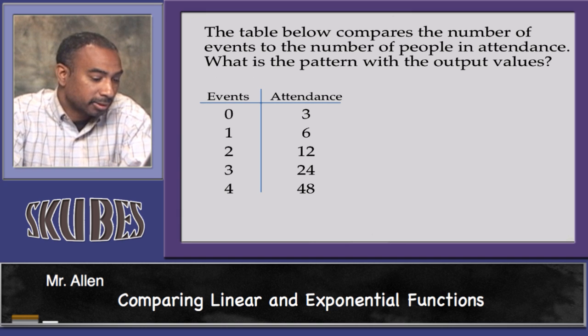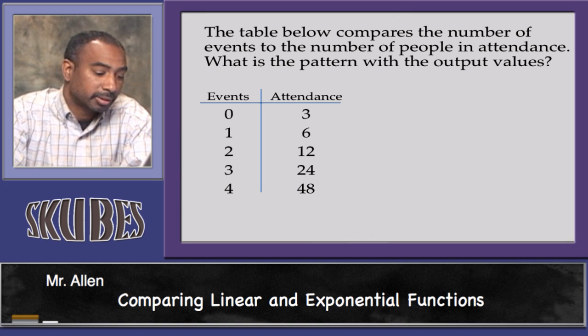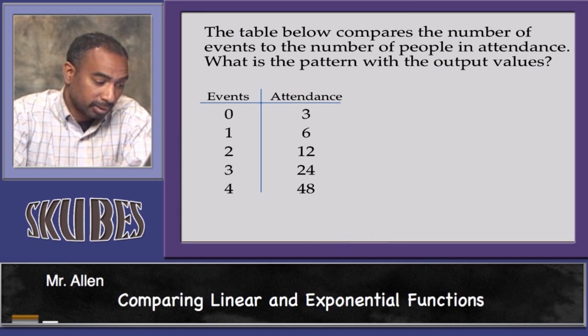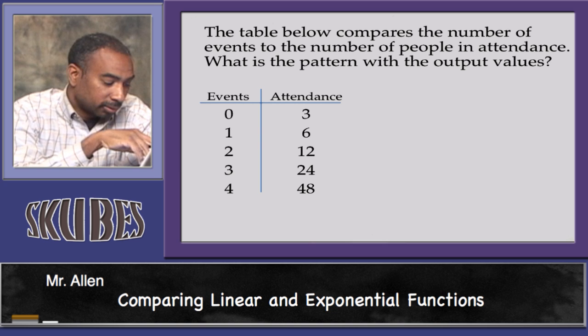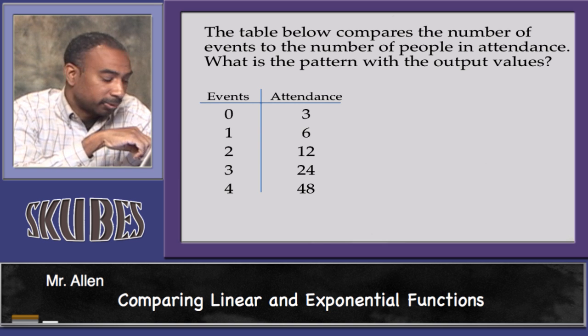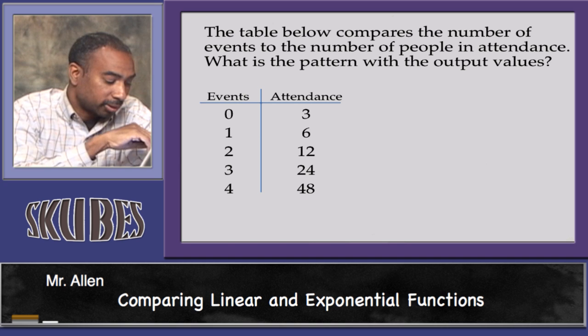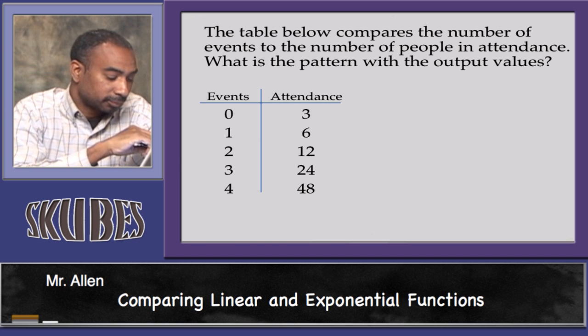The table below compares the number of events to the number of people in attendance. What is the pattern of the output values? All right, so with no events, you had 3 people in attendance. 1 event, 6. 2 events, 12. 3 events, 24. 4 events, 48.